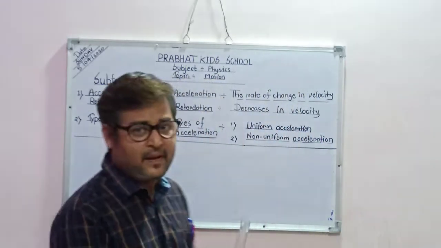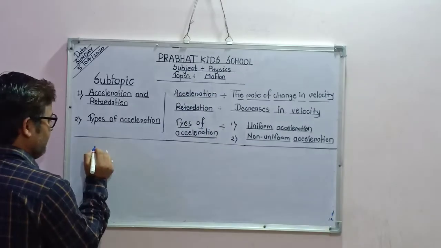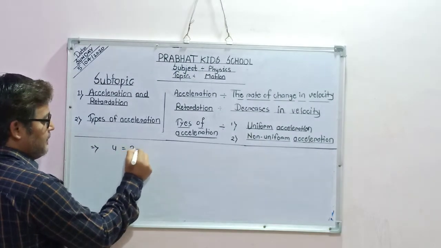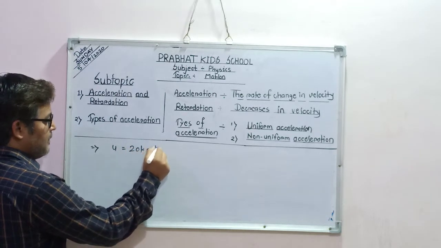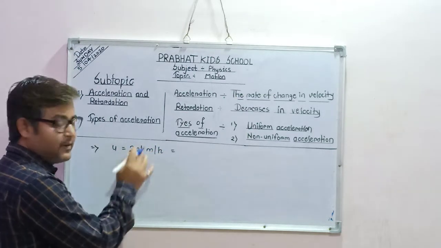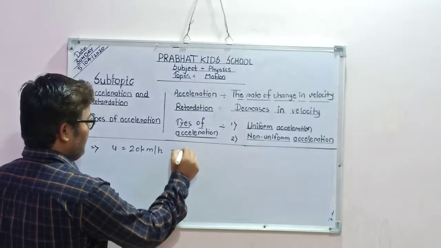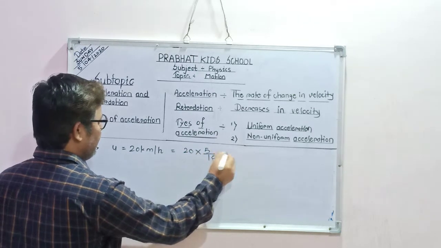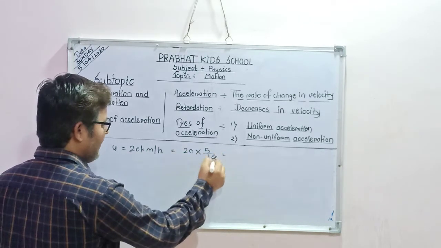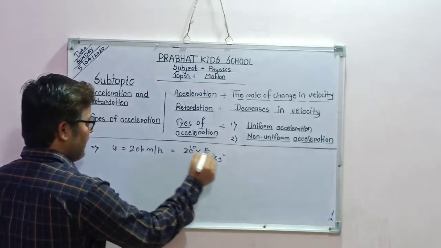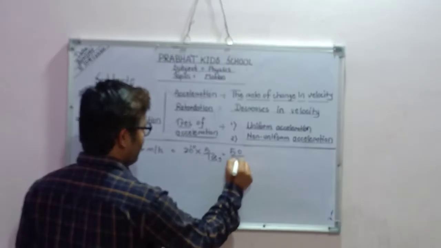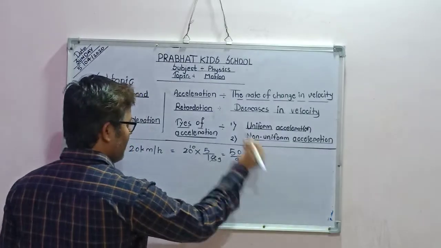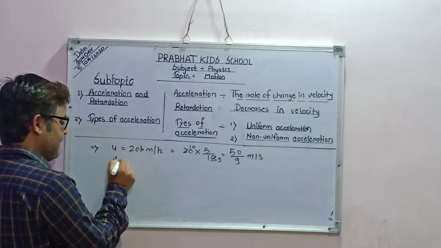Okay, same example I am taking here. Initial velocity 20 kilometer per hour, then convert it into meter per second: 20 into 5 by 18, which is 50 upon 9 meter per second. Then what is my V?